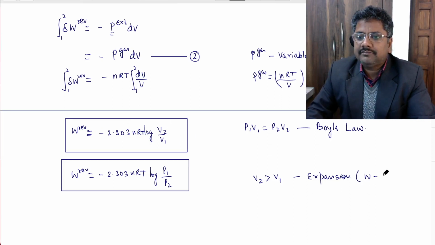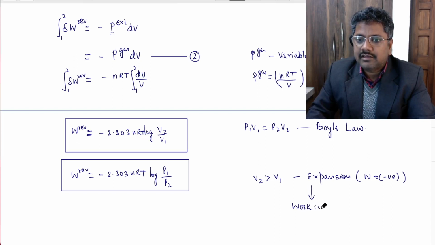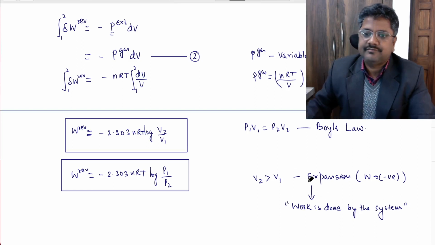W negative means the work is done by the system, V2 is greater than V1. Means the energy of the system decreases.